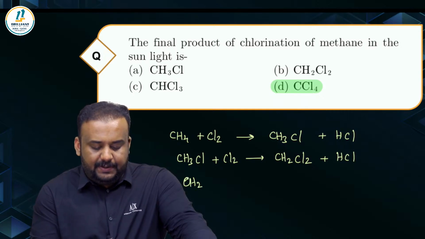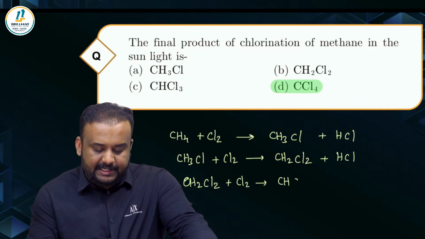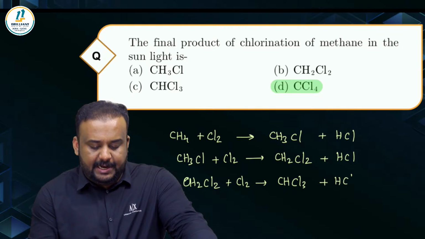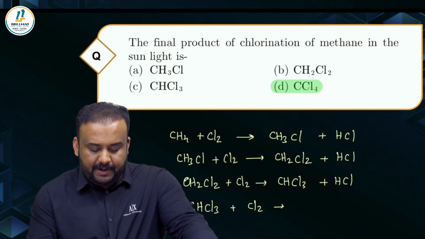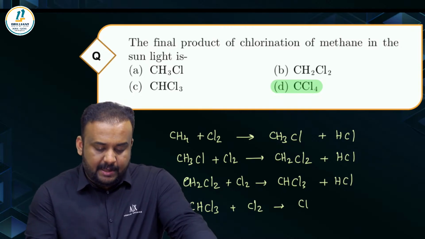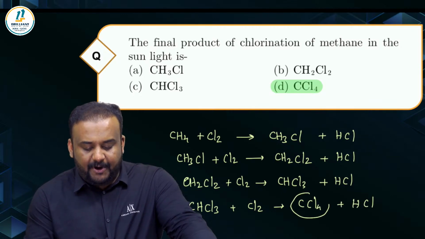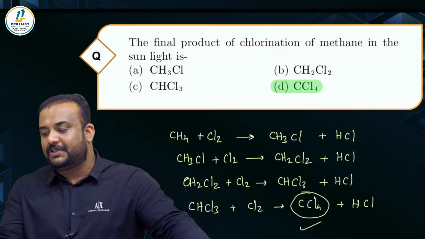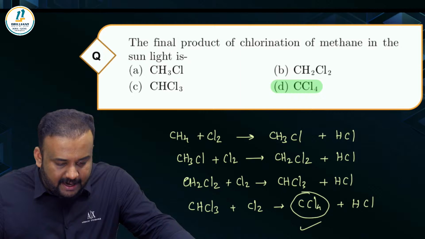Then that CH2Cl2 will react with another chlorine to replace one more hydrogen, and you get CHCl3 plus HCl. And then finally in the last step there is one more hydrogen to be replaced, so that will be replaced by chlorine to give CCl4 plus HCl. So the final product of the halogenation is CCl4, which is also known as carbon tetrachloride. Is it clear?